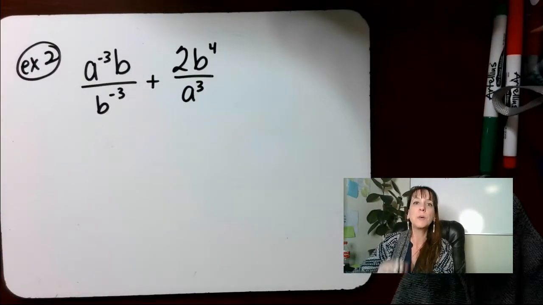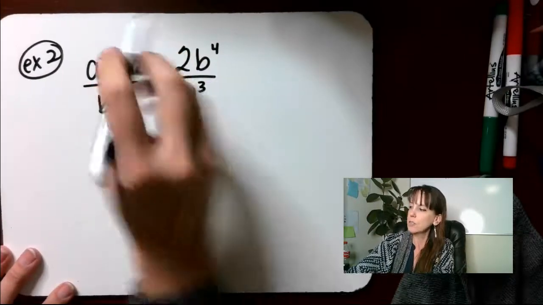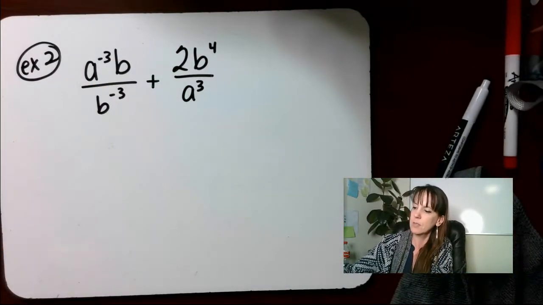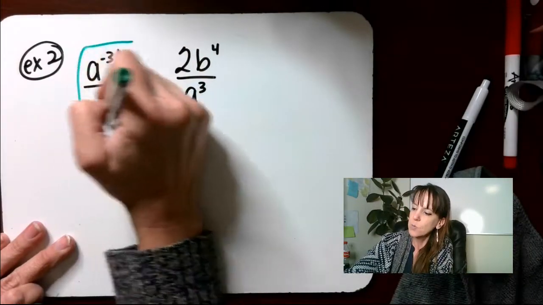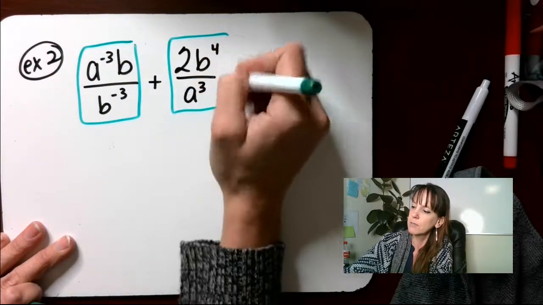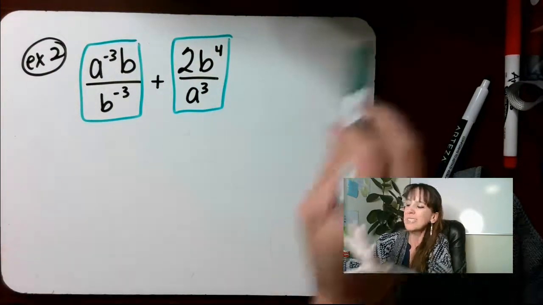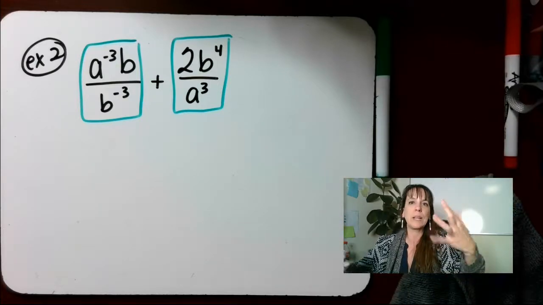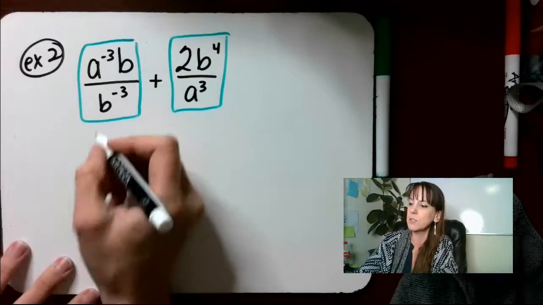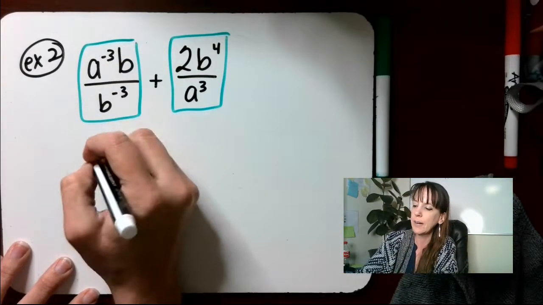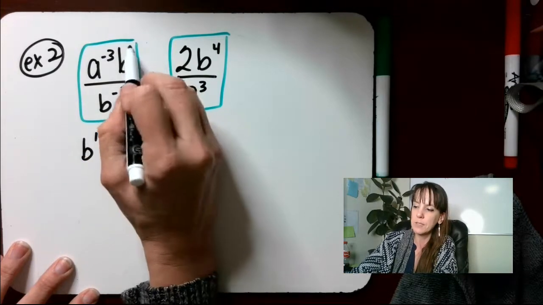All right, guys. In order to do this one, what we want to do again is get our chunks. I think it helps if I do it in a different color. Here's one chunk, here's another chunk. We want to get those chunks nice and cleaned up, meaning that we want to get rid of our negative exponents. So I'm going to swap these 2 around. So now I have b1 upstairs, because this is a 1.